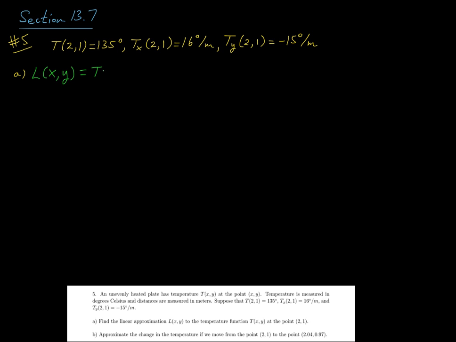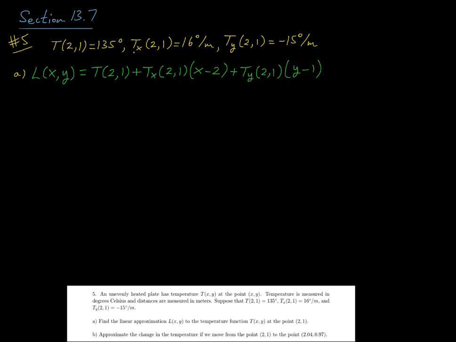Well, it's the temperature at our base point, which is just T of (2,1), plus the x derivative of our temperature function evaluated at that base point times x minus the x coordinate of our base point, which is 2. And then we have plus the y derivative of our temperature function evaluated at the base point times y minus the y coordinate of the base point, and that would be 1.